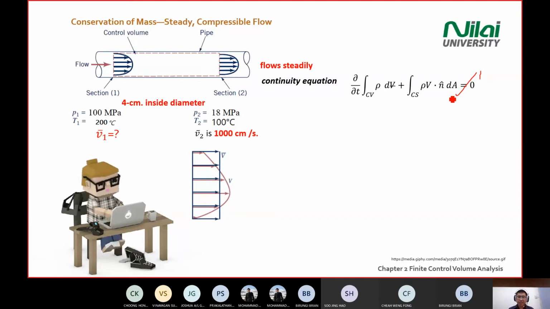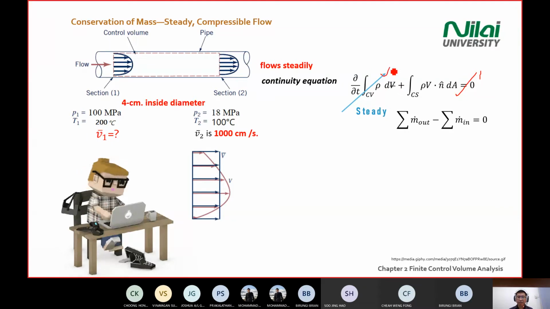So call out the continuity equation, the CV component and the CS component, control volume component and control surface component. Write this out and then define steady flow. Draw the arrow equals 0, or you just write steady or steady flow.